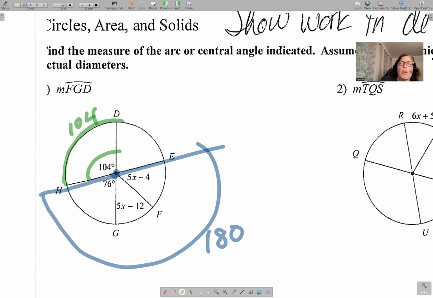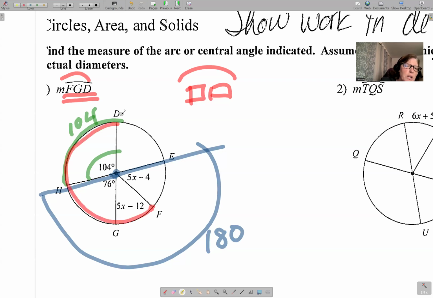Short arcs, minor arcs, less than 180, have 2 letters. Major arcs have 3, so the fact that this has 3 letters, you go in that exact order and it's bigger than 180. So F, G, D would be right there. Obviously you solve for X, and then you find that arc.